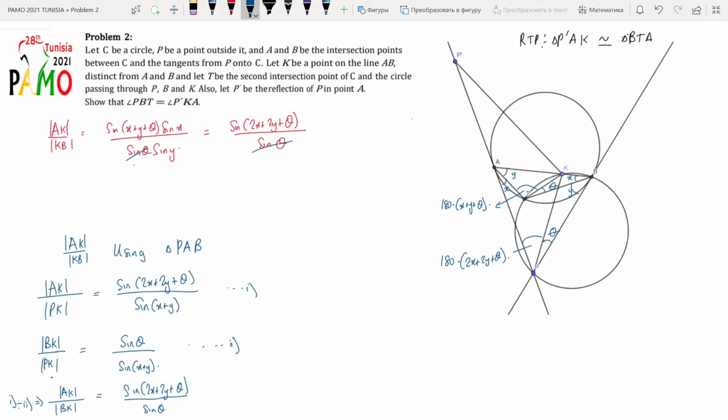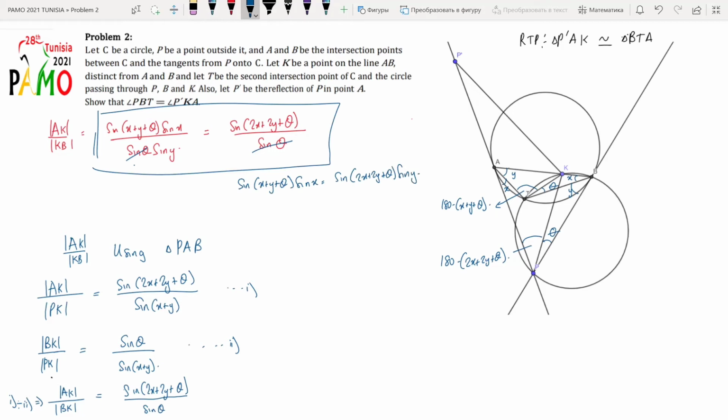So now, after all this trigonometry we have done, we now see that we're just looking at these two parts. It means that what we have left are equal. So that will mean that sine x plus y plus theta sine x is equal to sine 2x plus 2y plus theta sine y.